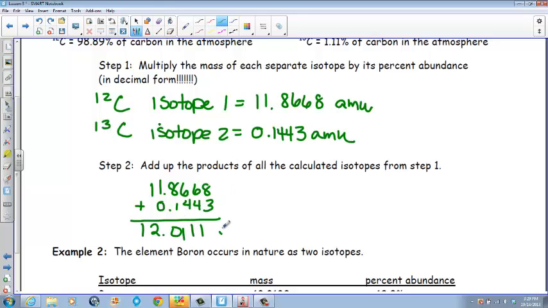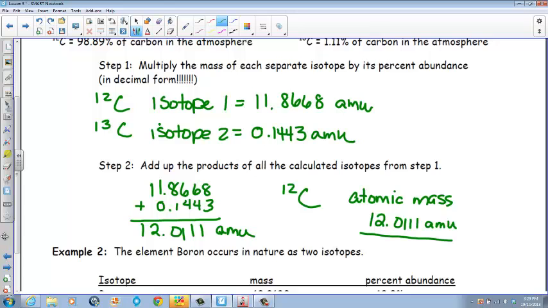12.0111. Now for this, we don't necessarily have to use sig figs. If you notice on the periodic table for carbon 12, the atomic mass reads 12.0111 AMU.